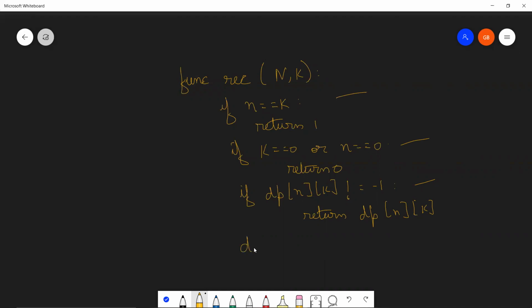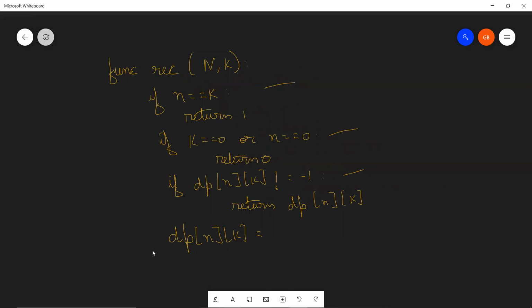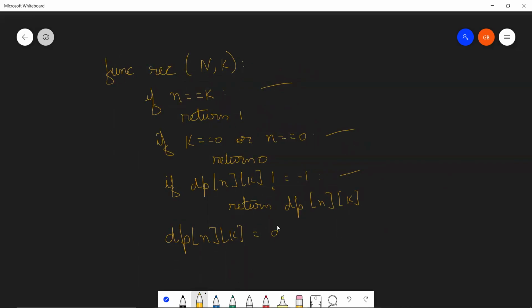And for adding them in the DP, we have already discussed the relation dp n k is equal to, let me write it again for you guys. Only one case where both were being reduced, and n minus 1 cases where only n was being reduced.